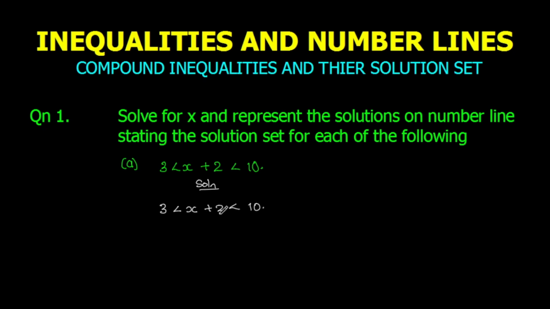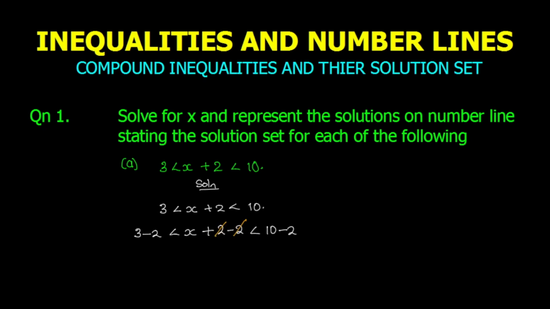So let's go ahead and do the work using approach number 1. Now when we subtract 2 on all the sides, we shall have 3 minus 2 is less than x plus 2 minus 2 is less than 10 minus 2. For me, this one looks somehow weird. It will be confusing, especially if you have a complex kind of inequality.